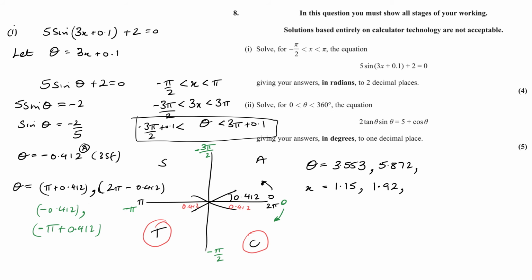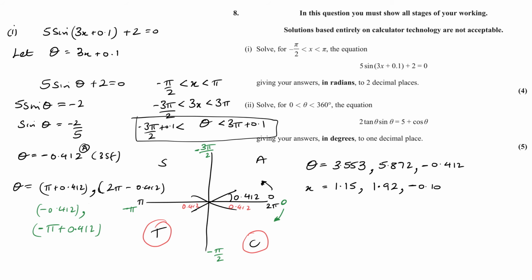So then I've got minus 0.412. So that's just my A. So minus 0.1 divided by 3, and that is minus 0.10.